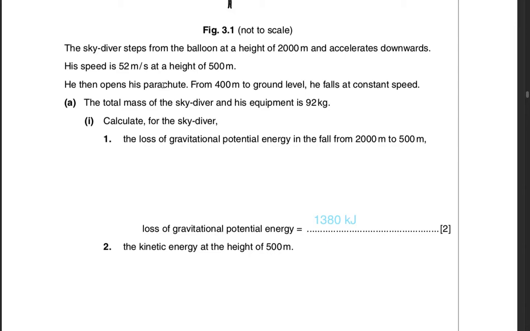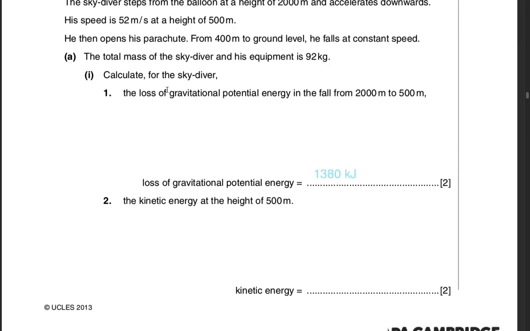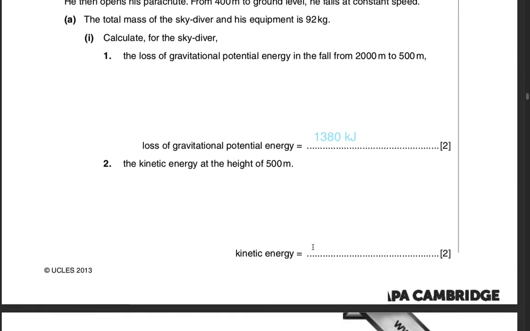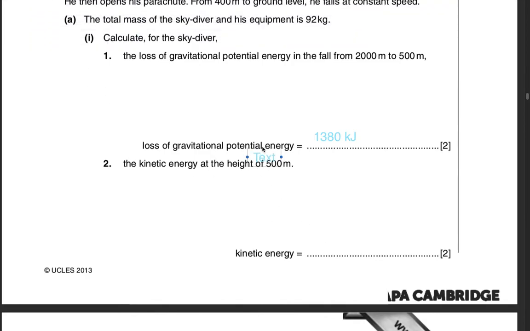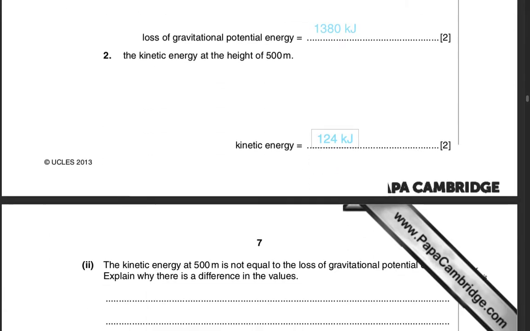So half m and v squared will be 52 squared, which gives you 124384. So you just say 124 kilojoules, appropriate to three significant figures.